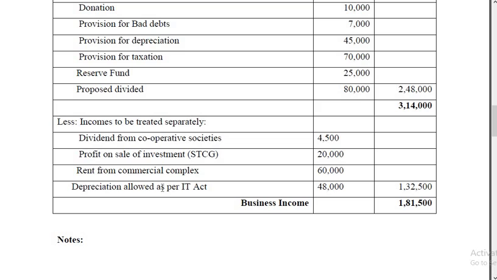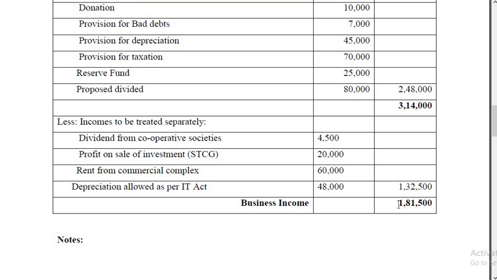Depreciation allowed under section 32 is deducted, 48,000. So 1,32,500 is the total. From the previous total, deduct this total, you will get business income. So one stage we have completed, computation of business income.